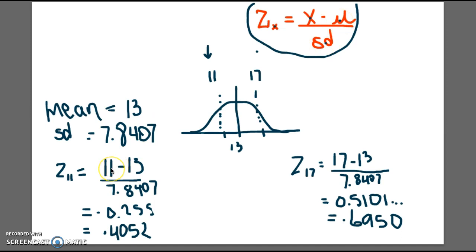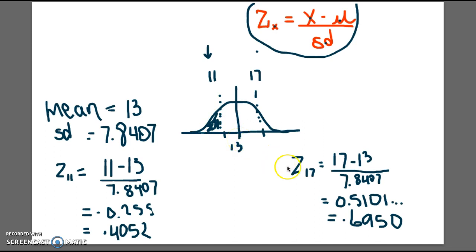So I have 11, I subtract my mean of 13, I divide by the standard deviation of 7.84, and my answer is negative 0.225. It's negative because it's on the left side of my mean.